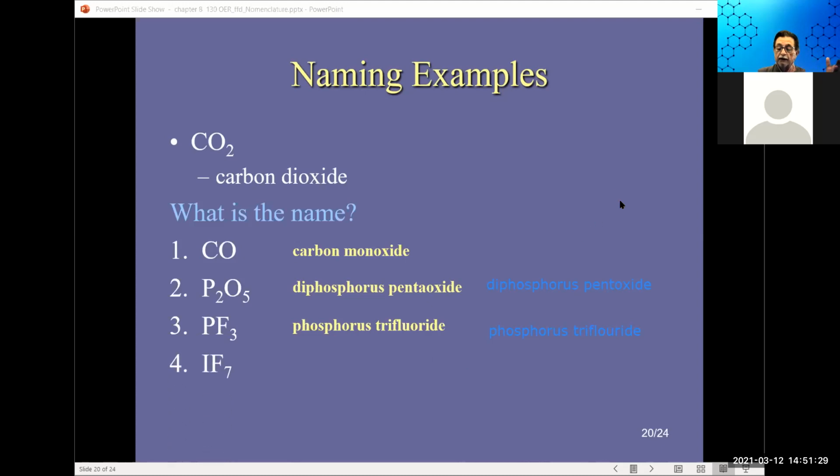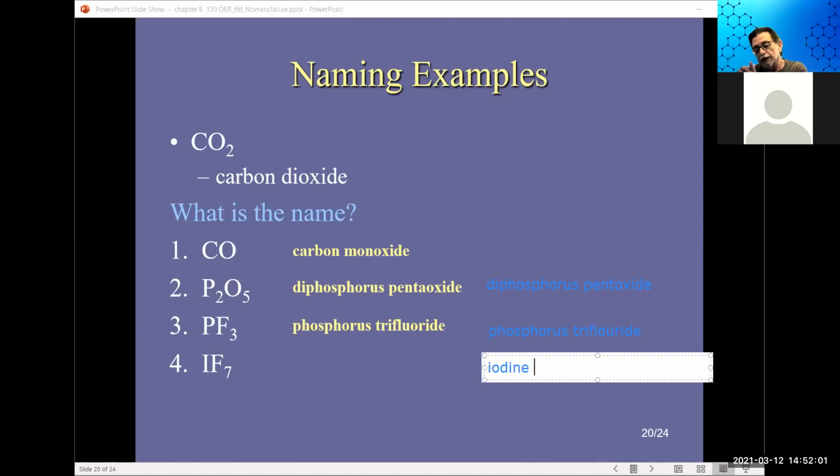Here we have now iodine. Iodine can be iodide, right? If it's bonded to something, it is called iodide. Here, iodine is the central atom. Let me write this down. So iodine is the central atom, so it remains its given element name, iodine.